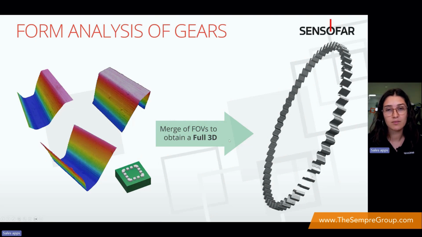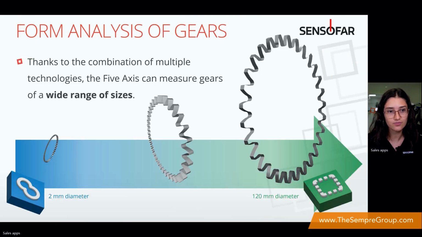This full 3D can be exported as a cloud of points and also as a mesh and in different extensions as you think is best for your application. As I mentioned before, this sensor head has multiple technologies. This is a strong point of our system, but in this case, in the form analysis of gears, having confocal and focus variation gives us a lot of versatility because it allows us to measure a wide range of gear sizes.